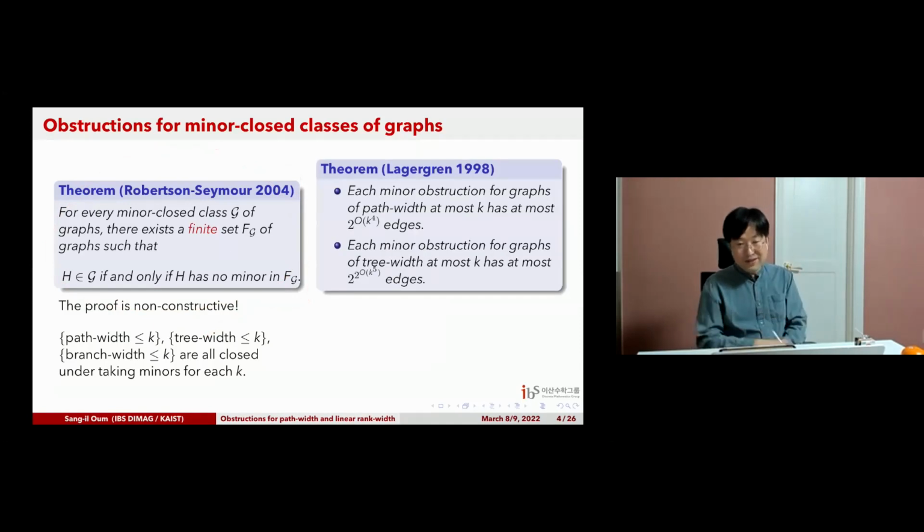And there are results. In 1998, Lagergren proved that every minor obstruction for the class of path width at most k has at most that many edges. So this is about path width. For tree width, the minor obstructions have at most 2 to the 2 to the k to the 5 edges.